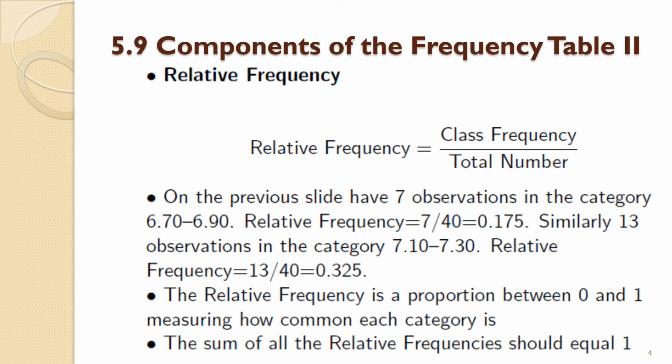It says there that relative frequency is a proportion between 0 and 1, measuring how common each category is. It is just a probability, which is possibly a better way of expressing it. The sum of all the relative frequencies should equal 1.